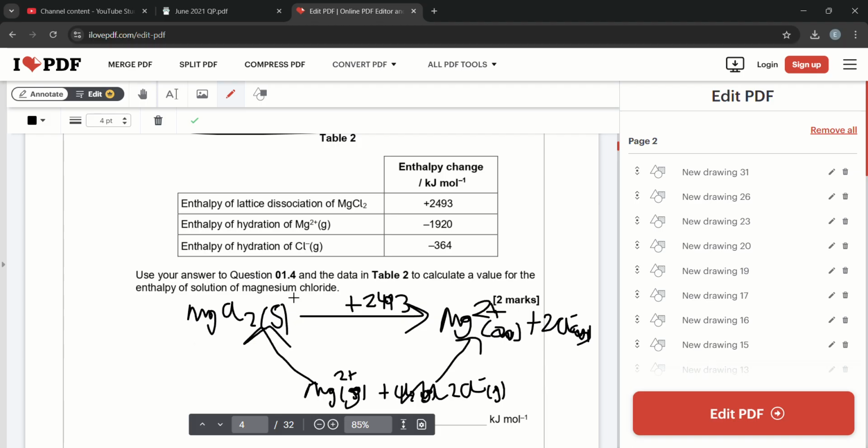Yeah, because I wrote this wrong. This is the enthalpy of solution that we're trying to find.